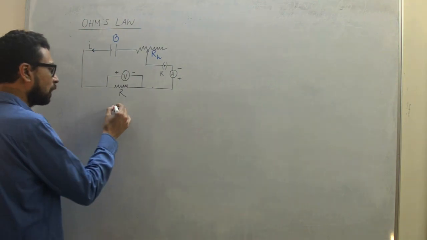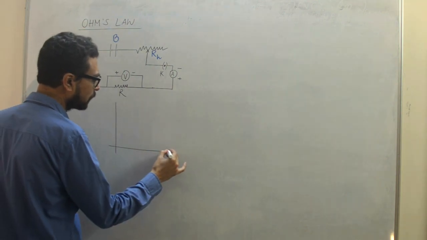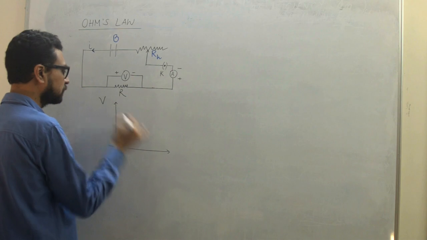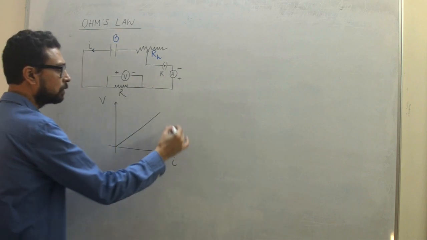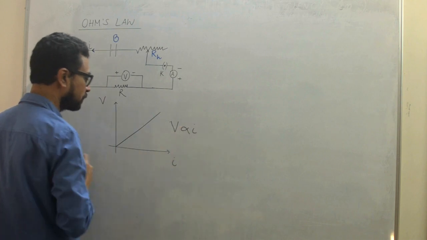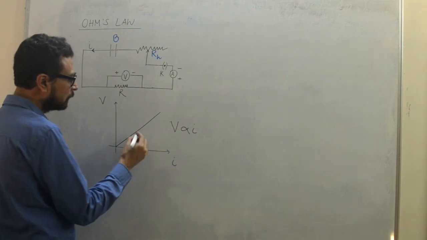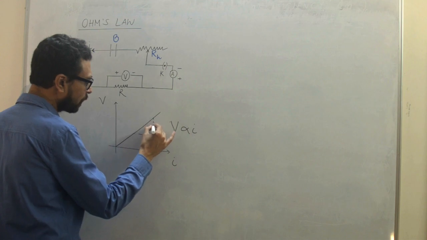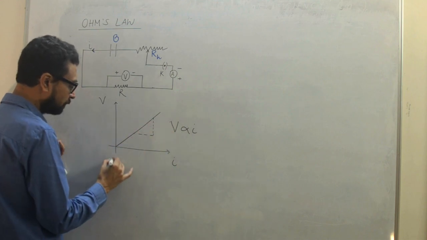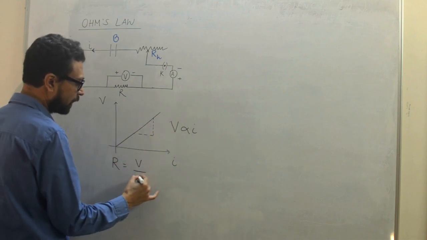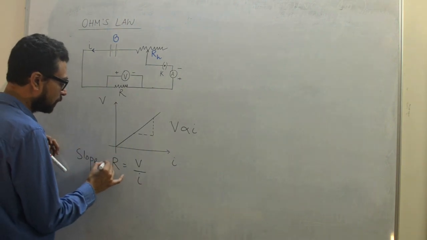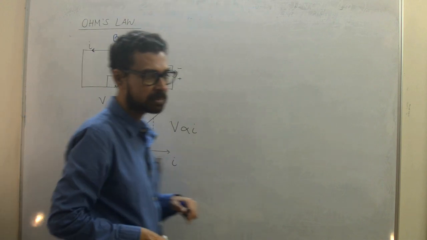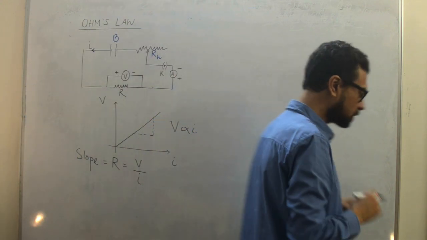Ideally the graph should look like this, a V versus I graph, and it will be a straight line according to Ohm's law, V proportional to I, passing through the origin. This slope, V by I, will give me the resistance of the external resistance we are connecting. So this is fine.